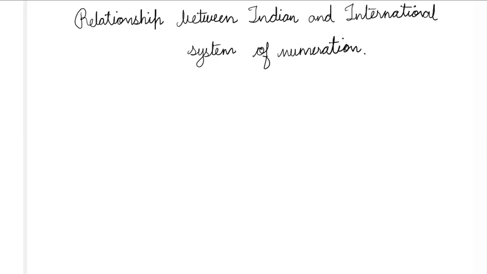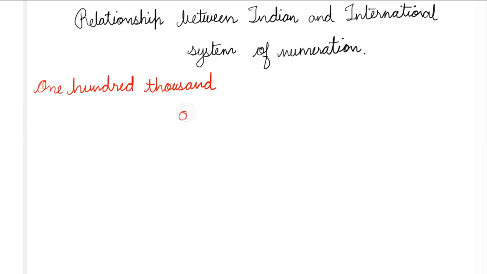Okay, so suppose we are given the number 100,000. We have to express the same number in the Indian system. For that, first I will write this number in the numeral form.